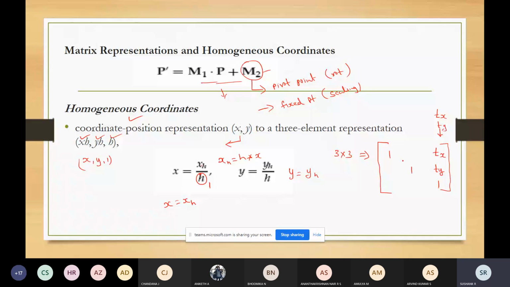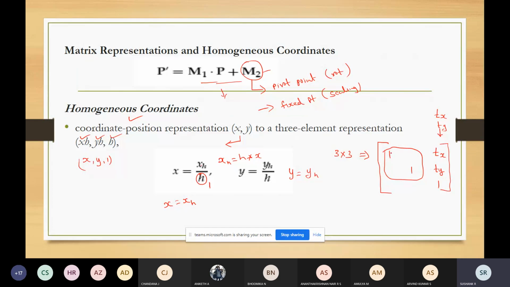The rest of the terms depend on the equation you derive. When it is translation, the third column takes the translation terms. When it is rotation, it takes the cos theta and sin theta values.